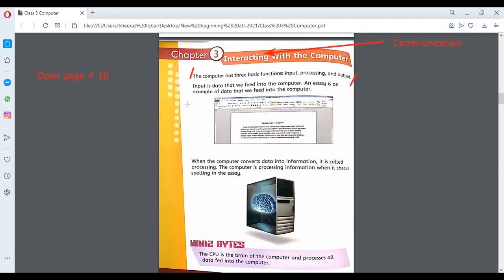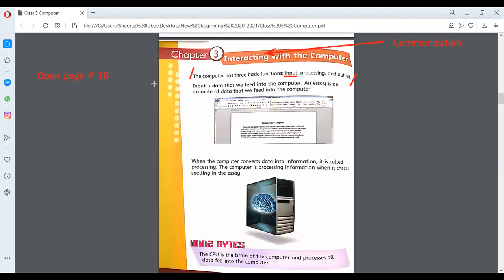Okay. Yamin Salah, can you read this line again? Okay, the computer has three basic functions: input, processing, and output.